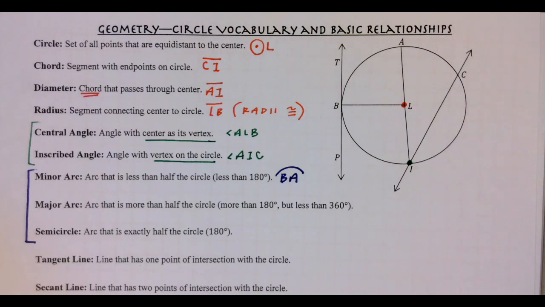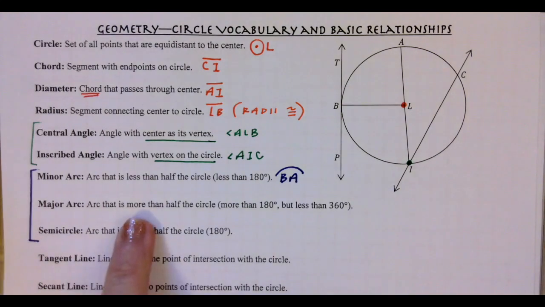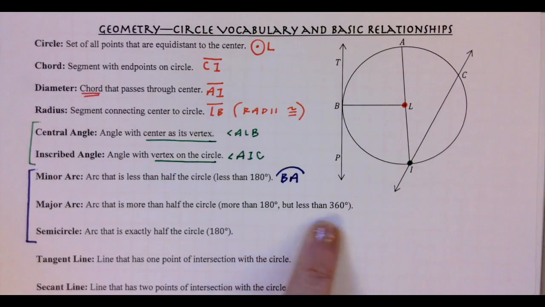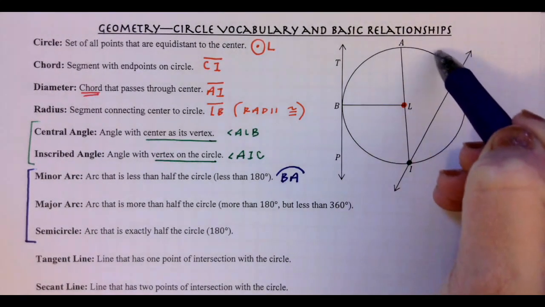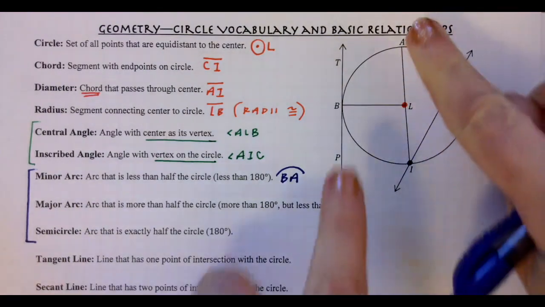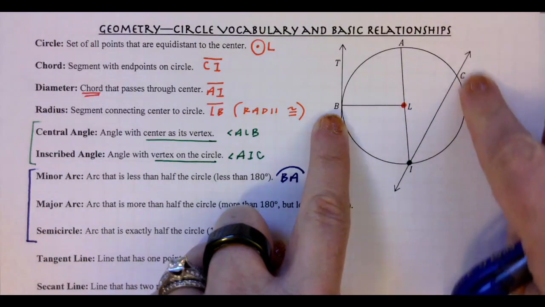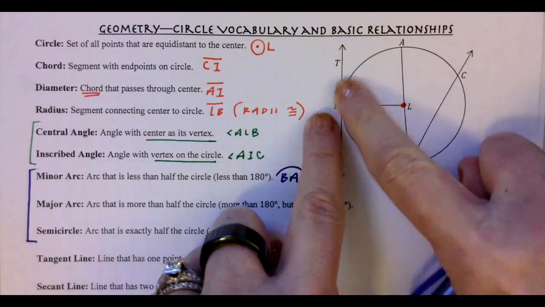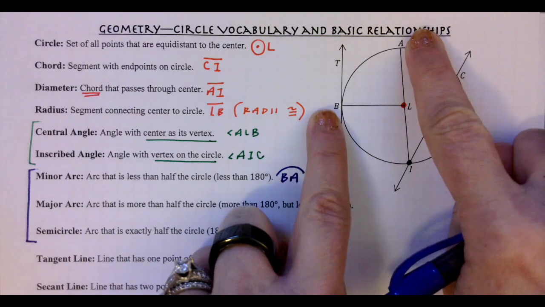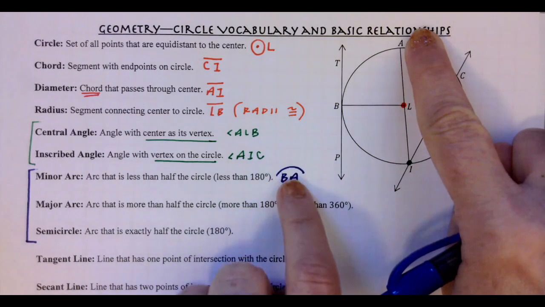Okay, next we have a major arc, so an arc that is more than half of the circle, so more than 180, but less than 360 degrees. So let's say that I'm trying to capture this arc here from A past C, past I, all the way to B, right? So if I'm trying to say I want this arc in this direction, not this small one, I need a different notation, because if I say AB or BA, I think it's the minor arc.